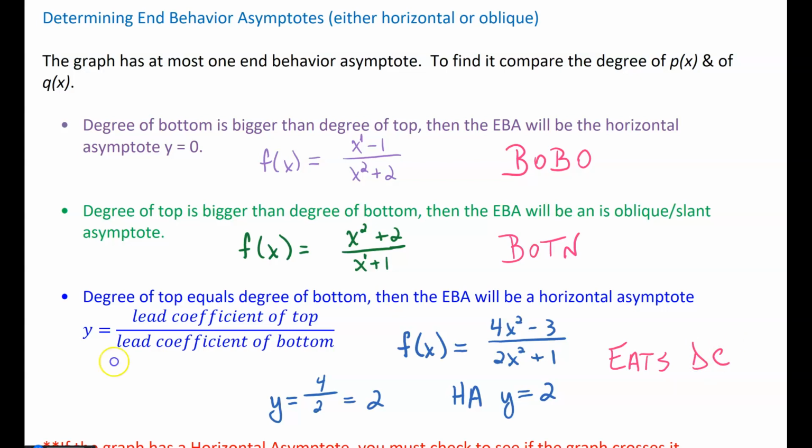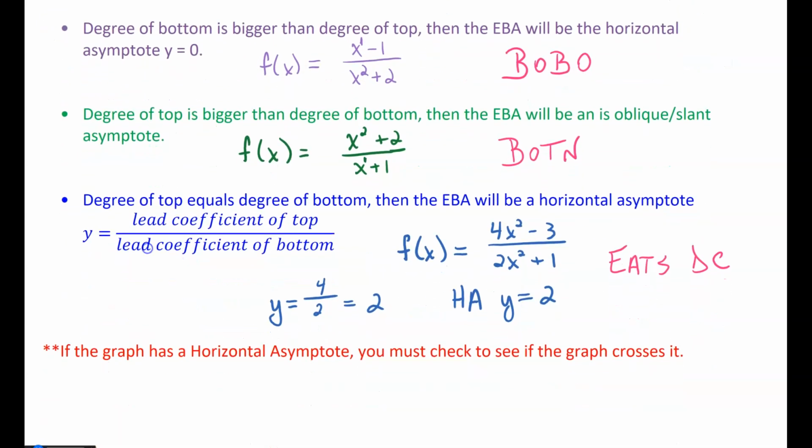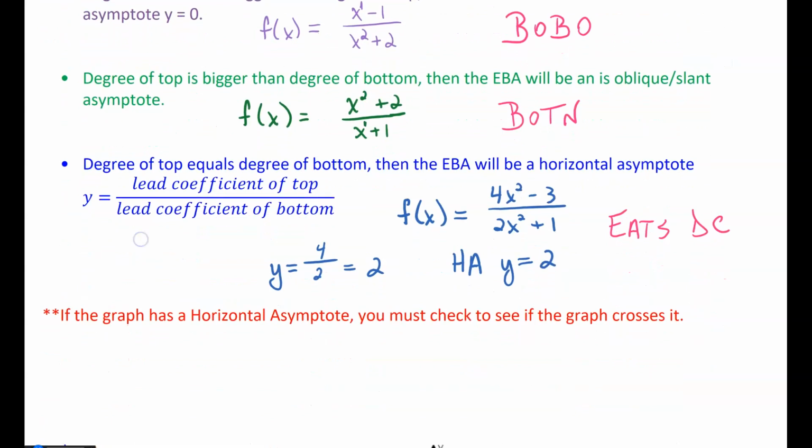Let me put all of that together here because I make it into one statement. That statement is: Bobo, Botan, eats DC. When I hear Bobo, it makes me think of a monkey.